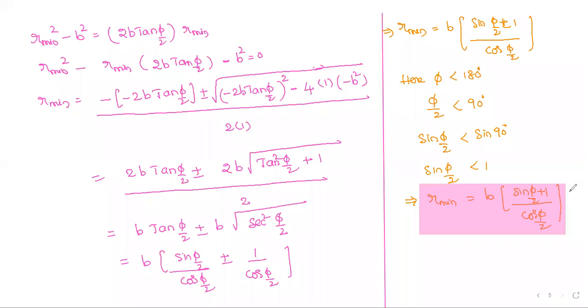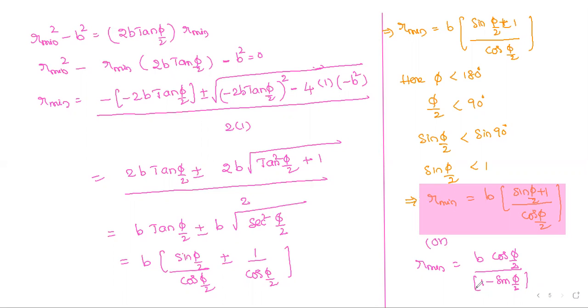Multiplying with 1 minus sine phi by 2 by 1 minus sine phi by 2, you will get 1 minus sine square phi by 2 at the numerator. 1 minus sine square phi by 2 is cos square phi by 2. Cos square phi by 2 means one cos phi by 2; if you cancel, you will get another one. R minimum is equal to b cos phi by 2, rationalized with 1 minus sine phi by 2.